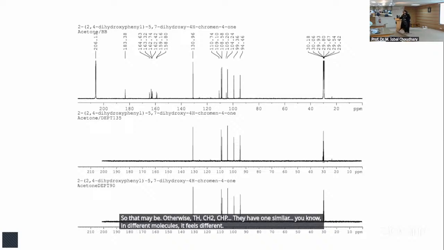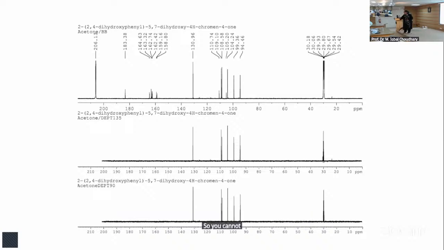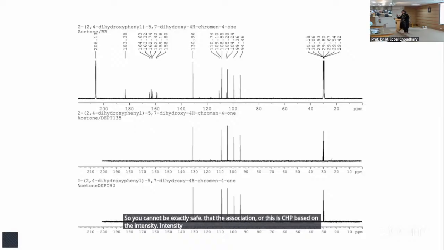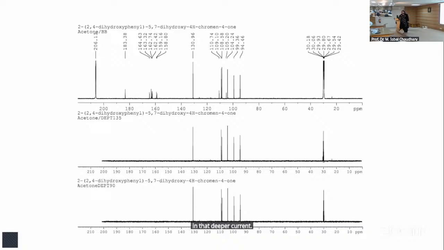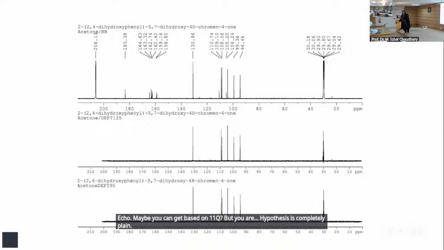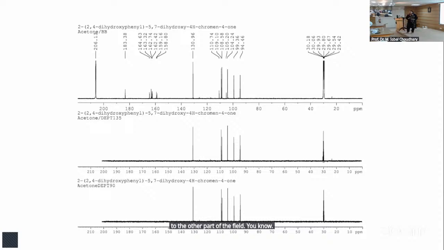So you cannot exactly say this is CH2 or this is CH3 based on the intensity. Intensity doesn't mean anything in that decoupled C13 NMR at all. Maybe you can guess based on one molecule, but your hypothesis will completely fail for another sort of molecule. There is no such rule.